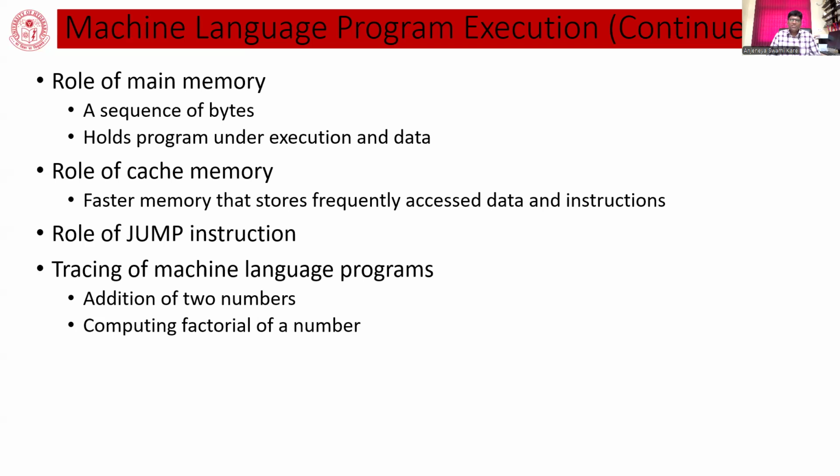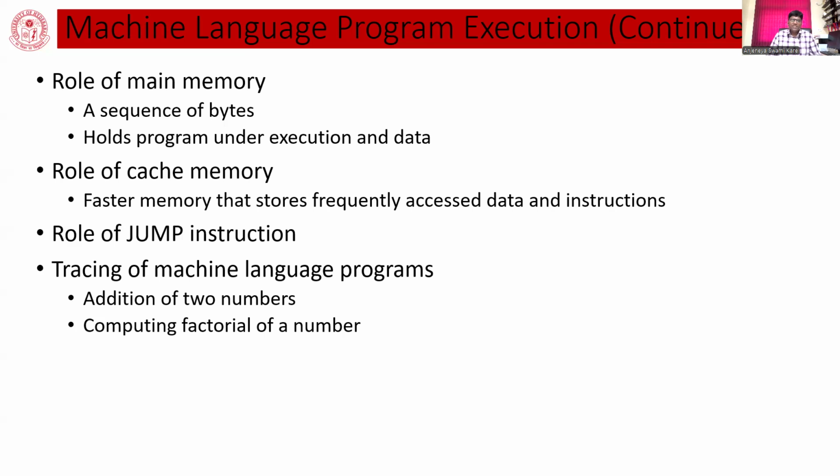Main memory is a sequence of bytes. It holds the program under execution as well as the data. When you try to execute a program, the program is brought into the main memory, and some portion of the main memory is also given to the program for the purpose of storing and retrieving data. So what is the role of cache memory?